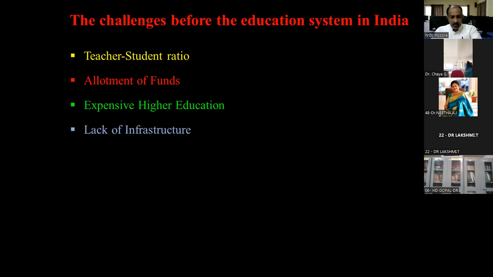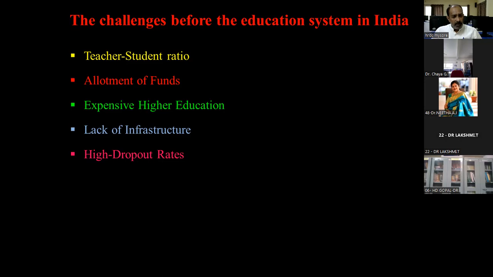Lack of infrastructure, as we already mentioned, demands a very good infrastructure in all aspects. Then high dropout rate. When you look at the ratio of how many students have studied a bachelor's degree, how many are studying post-graduation, and how many are joining higher education like PhD, MPhil or MTech, there is a drastic change.